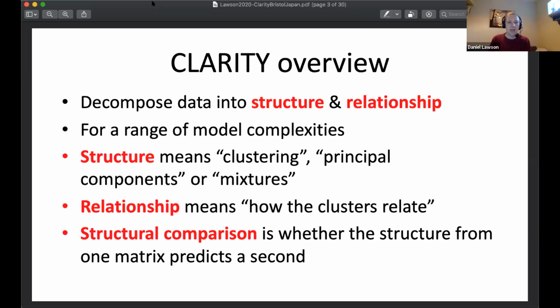And I think that leads to a relationship to the geometric data analysis for this series. So now we have some structure. We also have a relationship, and that can be interpreted as how the clusters that we've just learned relate to one another. Then this notion of doing a comparison between one data set and another is asking whether the structure from one matrix predicts a second.